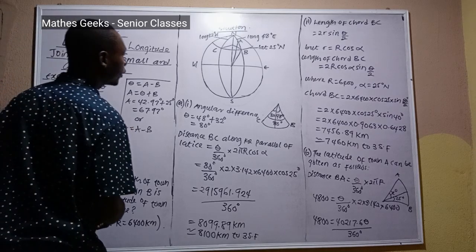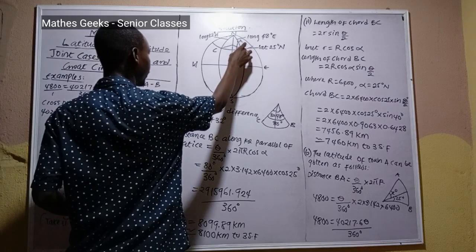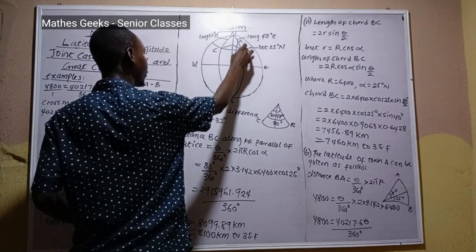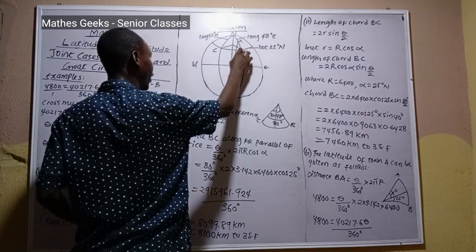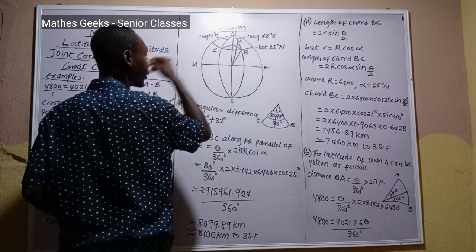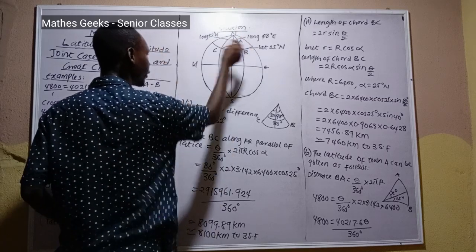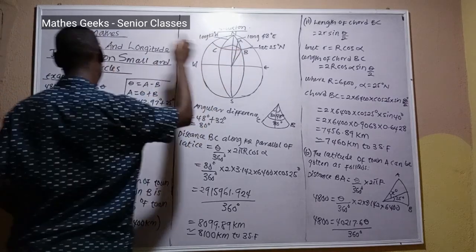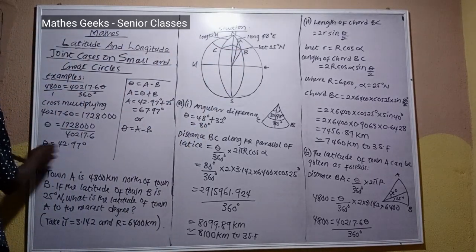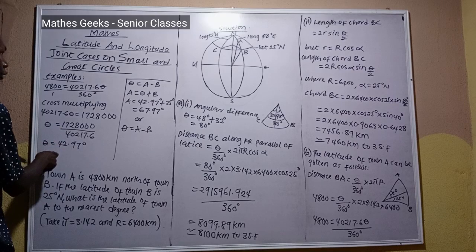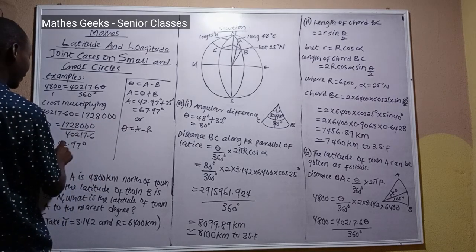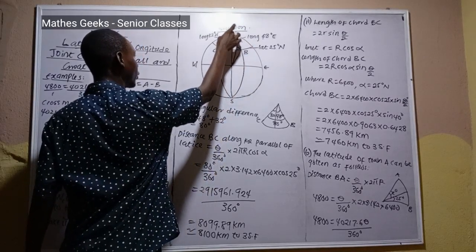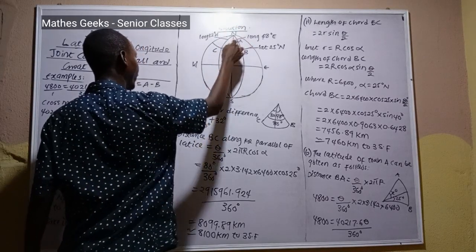But since the latitude of B is given and town A is due north of town B, it is going towards the North Pole, which means A is higher than B. Since theta, the difference in latitude, is known, we add 42.97 to 25 because A is going higher towards the North Pole. So the higher you go, the higher the value.